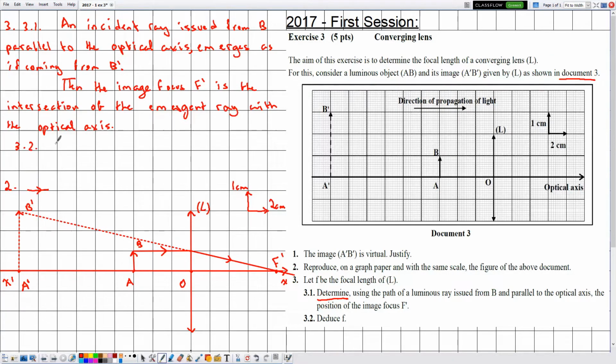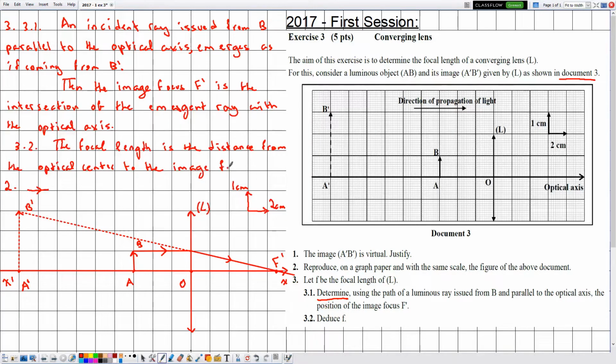writing the definition. The focal length is the distance from the optical center to the image focus.